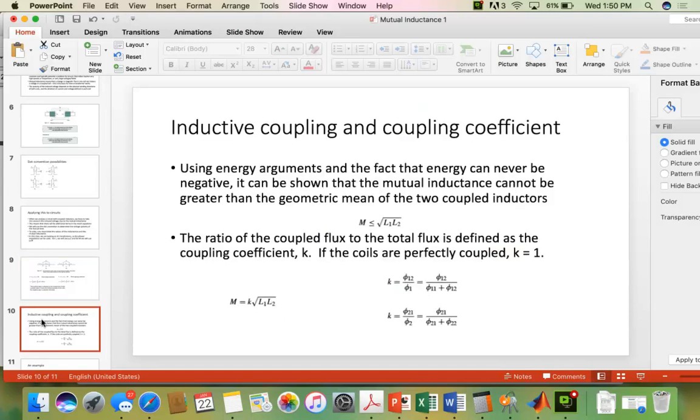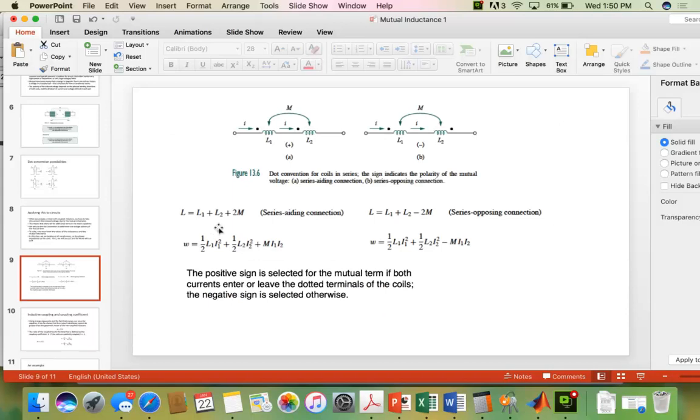Okay, the last thing I want to define in this lecture is the coupling coefficient. So if we come back here, you can use an energy argument or you can just use a linear argument. So if we look at this equation on the series opposing connection, let's look at it from an energy standpoint. You can't have negative energy.